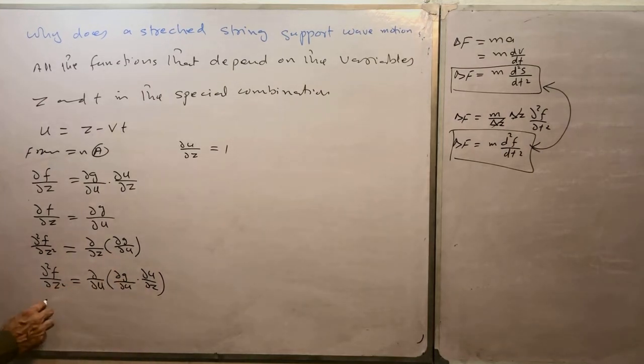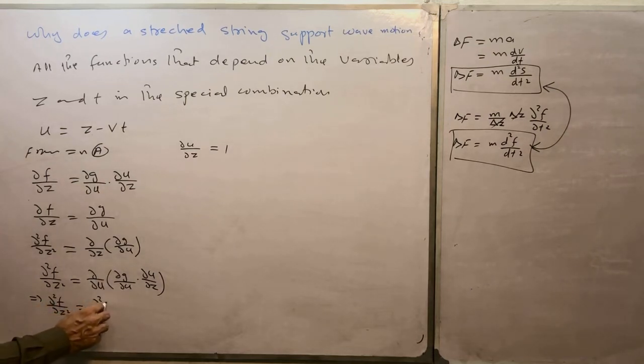Then it means that partial square f divided by partial z square is equal to partial square g divided by partial u square.